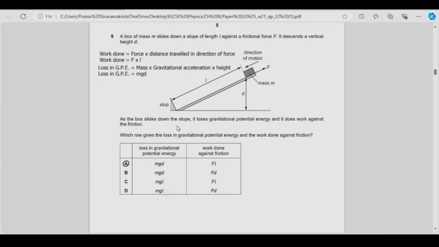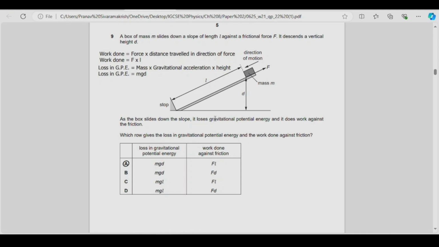As the box slides down the slope, it loses gravitational potential energy, and it does work against the friction. So the gravitational potential energy that it has stored at this height D is lost as it falls down the slope, and it also does some work against friction. Which row gives the loss in gravitational potential energy and the work done against friction?